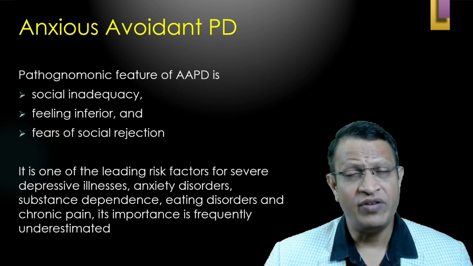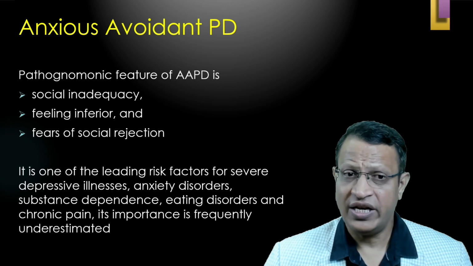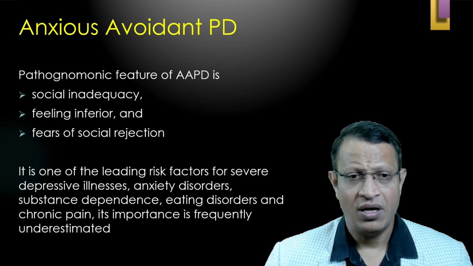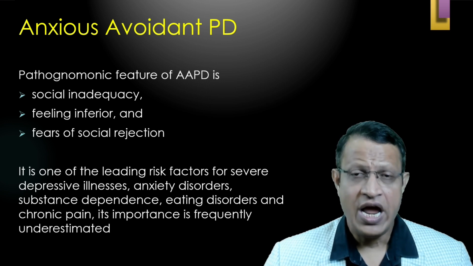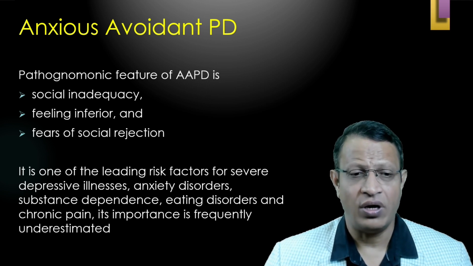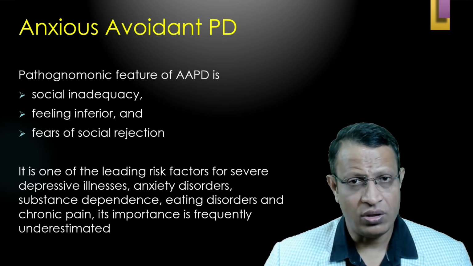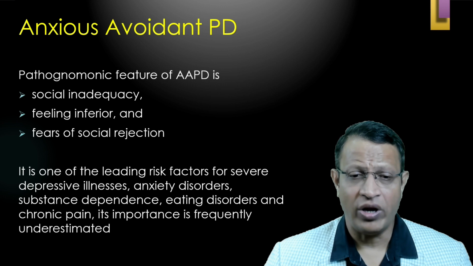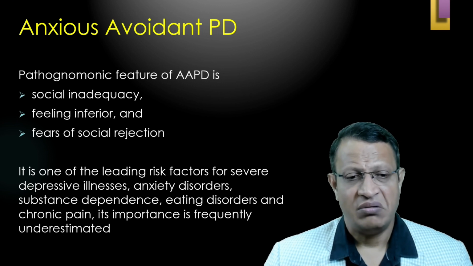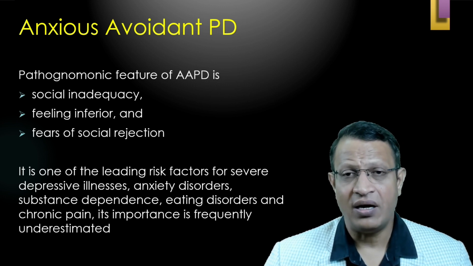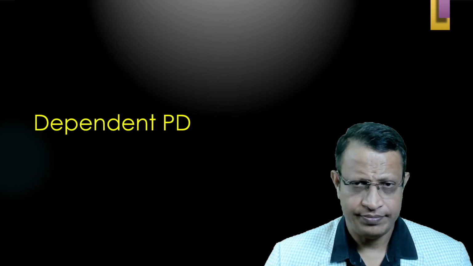The pathognomonic feature of AAPD is social inadequacy, feelings of inferiority, and fear of social rejection. It is one of the leading risk factors for severe depression, anxiety disorder, substance disorder, eating disorder, and chronic pain, and it is frequently underestimated and underdiagnosed.